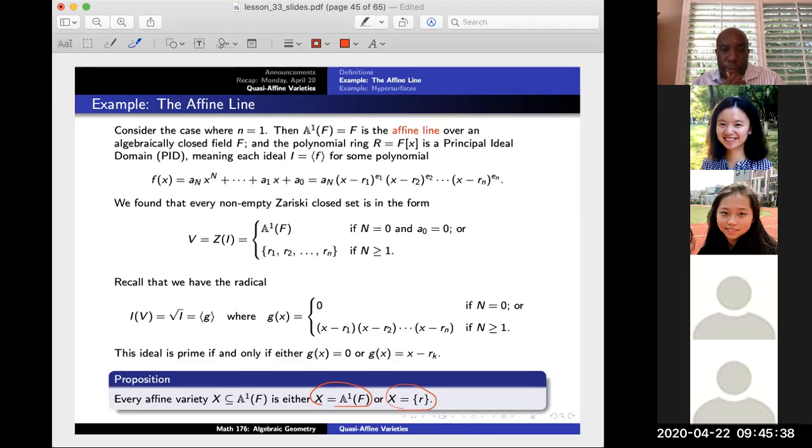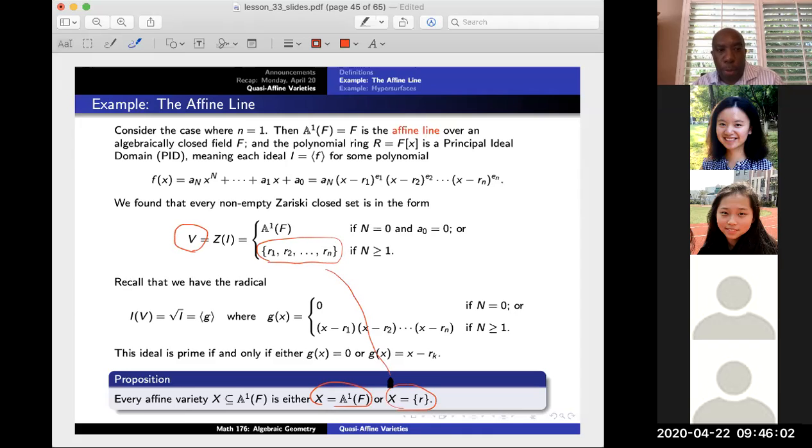So here's how you can do this. Well, an affine variety is a non-empty Zariski closed subset. So that means it's at most one of these two here. But remember that it's irreducible. Well, if I have a collection of n points, this is irreducible precisely when it's only one point.